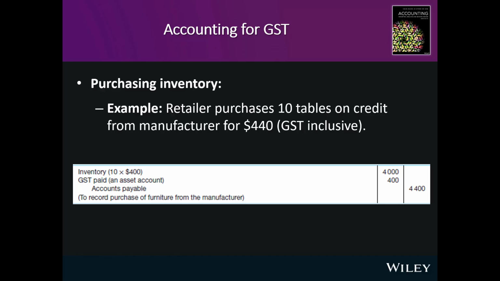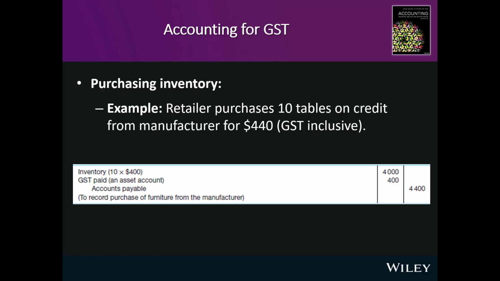In this transaction, they purchase tables at $440 GST inclusive. That means the 10% is included there, so the price shown is 110%, and you just have to remove 10% of that. For inventory, that will be 10 tables multiplied by $400. Why $400? We remove that portion of GST.